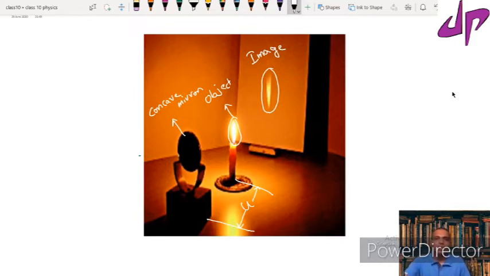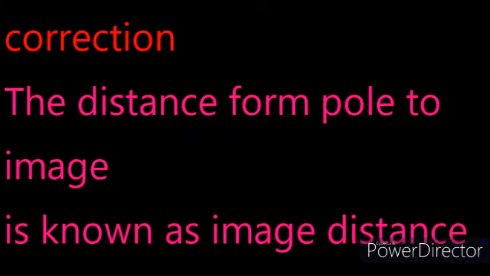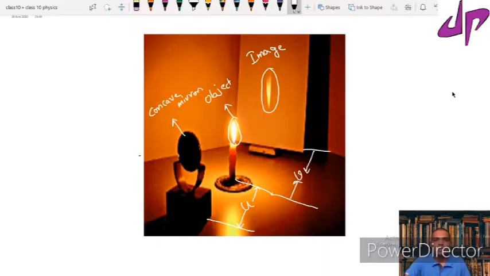Similarly, the distance from the pole to the image is the image distance, that we represent as v. So this is the simplest measurement.